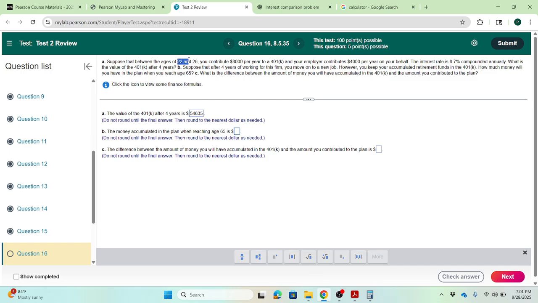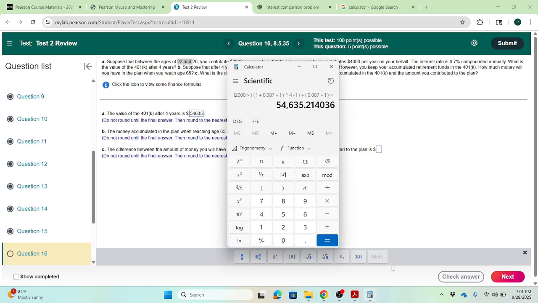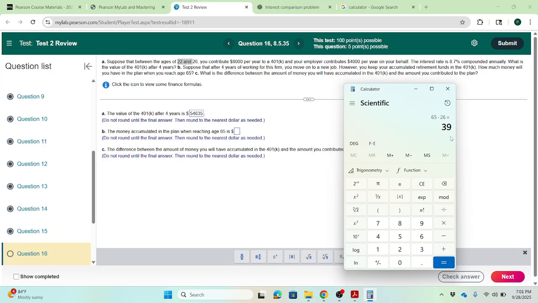Keep in mind you worked there until 26. After 26 you left that job, and then we would like to calculate your money at age 65. So the difference is 65 minus 26. For the next 39 years you're just keeping this money in that account, which pays you 8.7% without additional money.